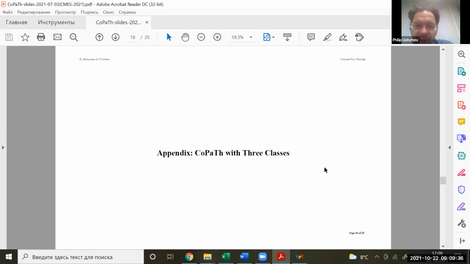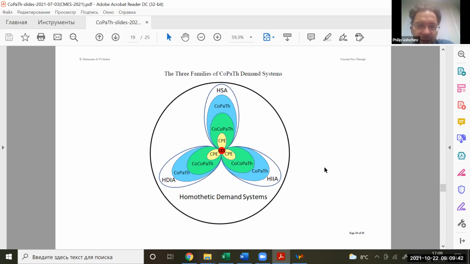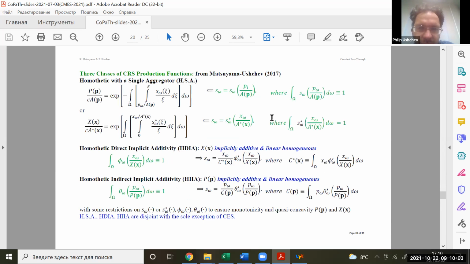I still have 1 minute to show you how the COPATH families under the 3 classes look. Let me remind you that the 3 classes are HSA, homothetic single aggregator, HDIA, homothetic directly implicitly additive, and HIIA, homothetic indirectly implicitly additive.